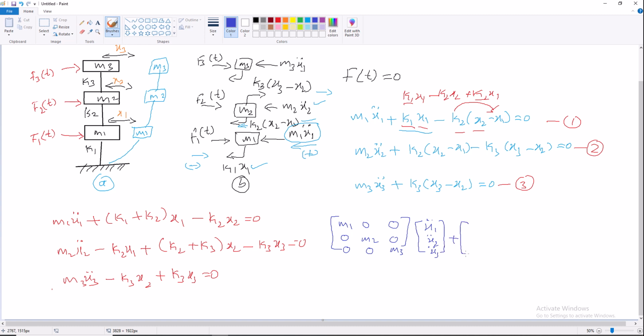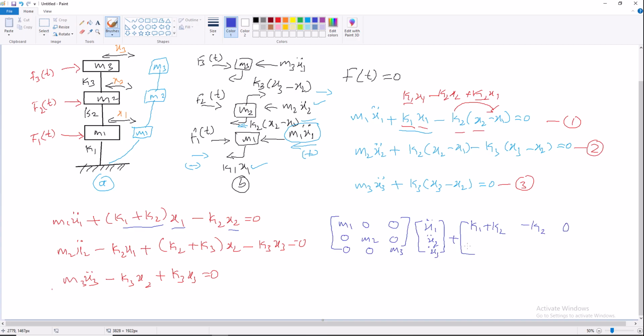Plus, I want to write the stiffness matrix. In the stiffness matrix for the first equation, x1 is associated with k1 plus k2, so I write k1 plus k2, and x2 is associated with minus k2. I do not have x3 in equation 1, so I take it as 0.